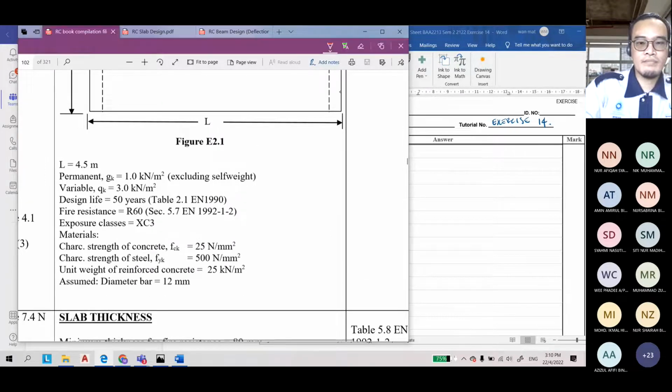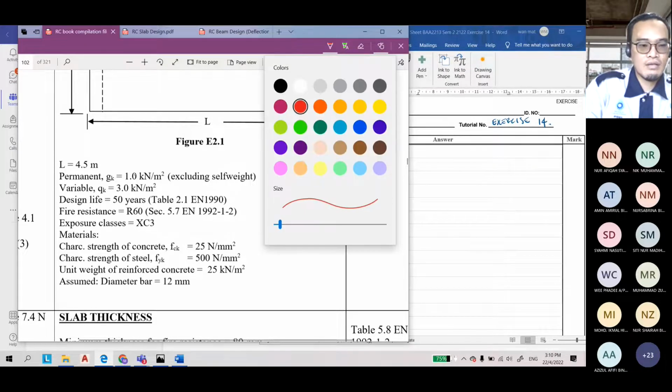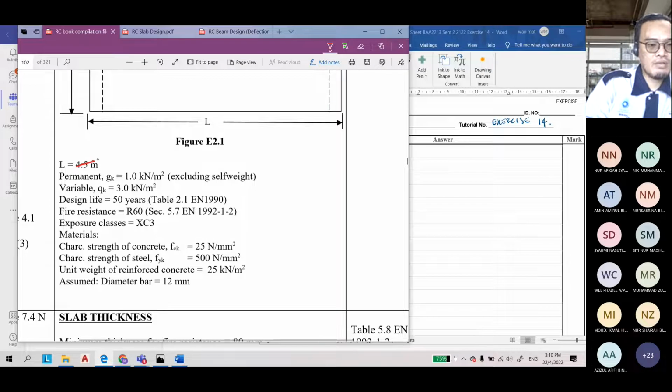The L, I want it to be 4.0 meter. The permanent load will become 1.5 kilonewton per meter square, which is excluding the self weight. The variable load, I want to try 3.5 kilonewton per meter square.